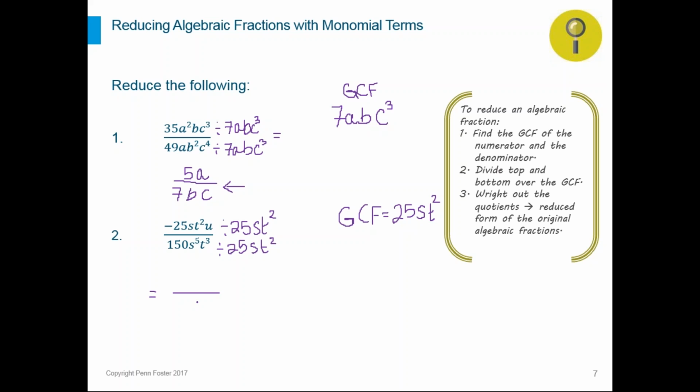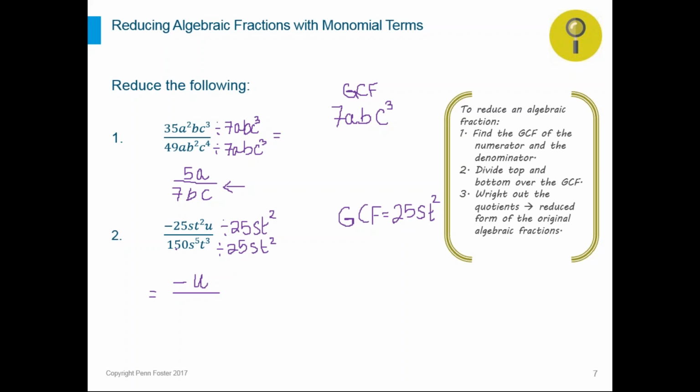We're going to see later an example like that. So negative 25 over 25 is negative 1. We just don't write 1 in algebra, so we're just going to have the sign there. S over s cancels out. T to the 2nd over t to the 2nd cancels out. U over nothing is u.